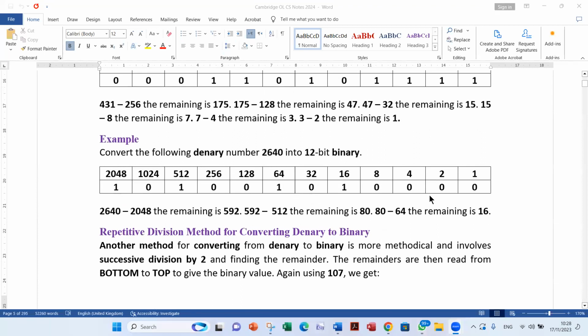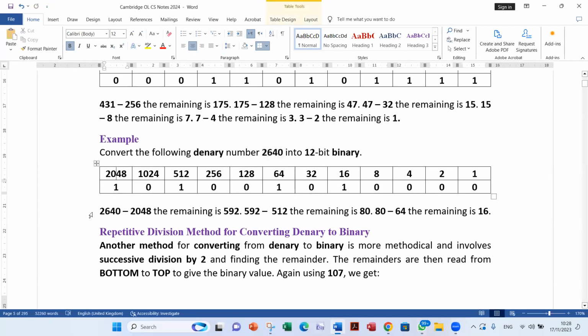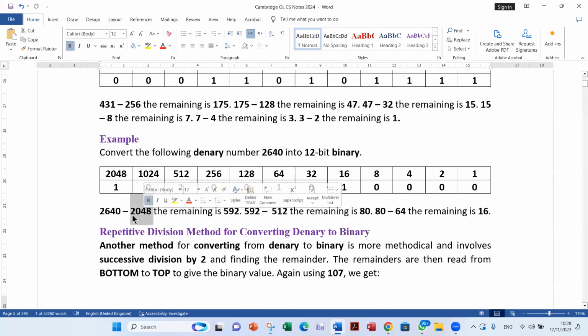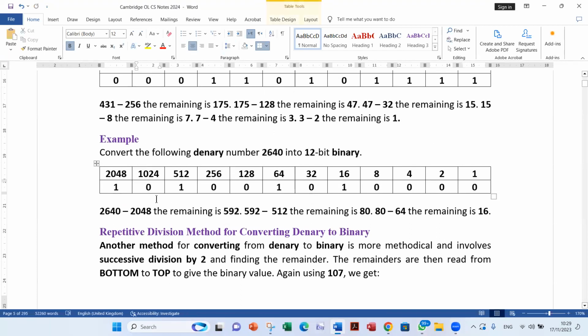Okay. So the same thing. Sometimes the pattern looks nice. When you have 2640 and put one here, you subtract 2048, and the remainder is 592, and this goes as 0.